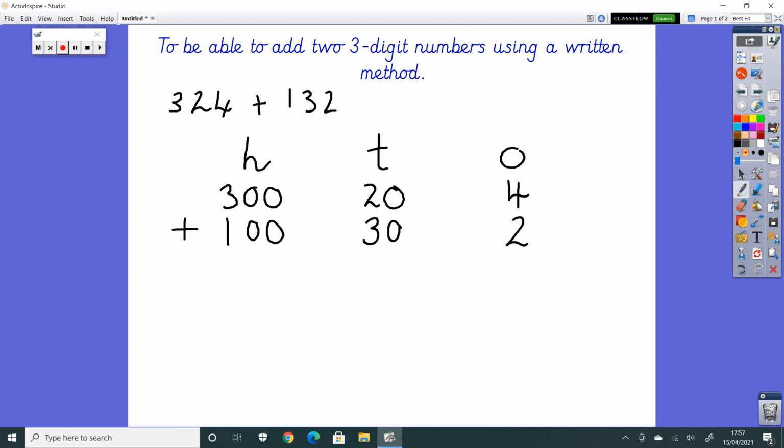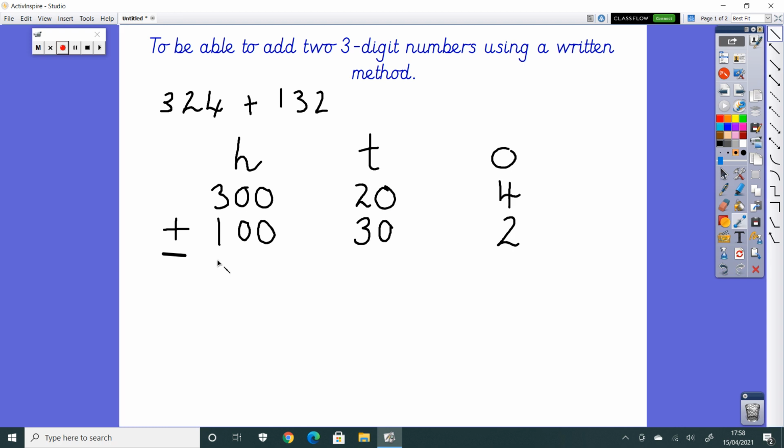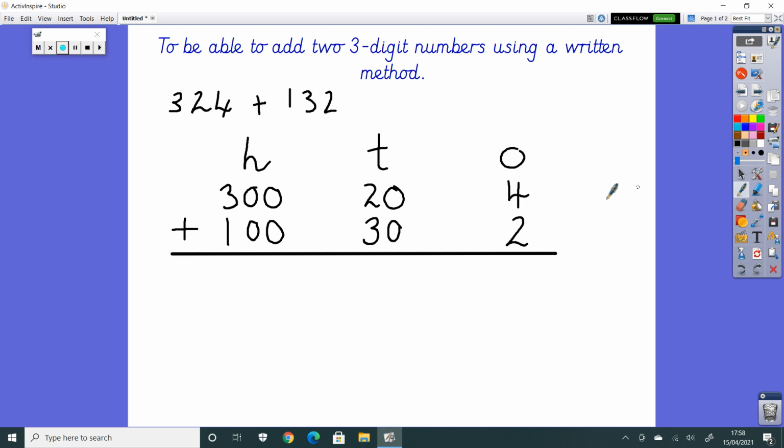We'd ask them to place the operation symbol in and then use a ruler line to separate the calculation from the answer. We always start adding at the ones first, so nice and straightforward here.